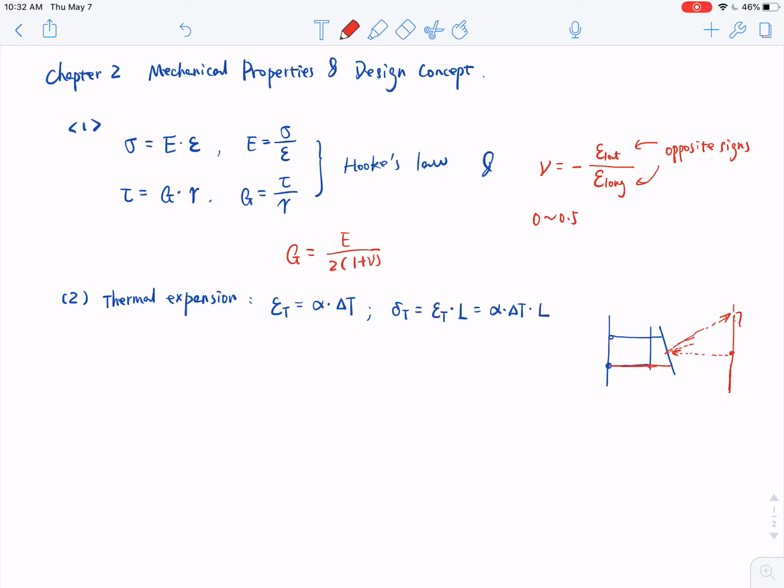If you measure the distance A, you'll be able to use this A and the alpha of the two different bars to calculate the temperature change. It's correlated, A to temperature change. So you can use this mechanism to design and produce a thermometer to monitor the temperature change in the environment.